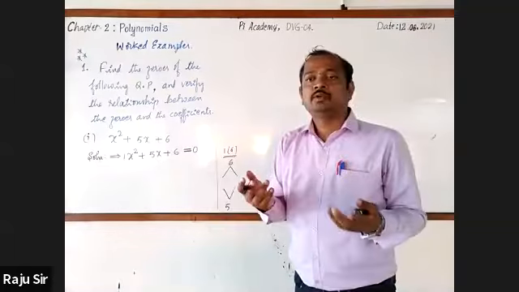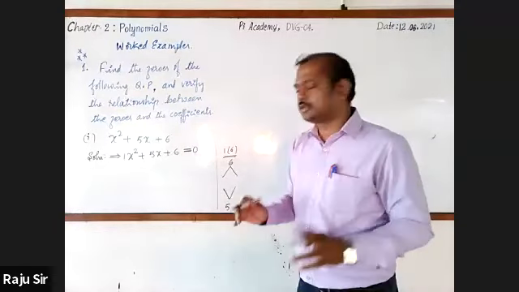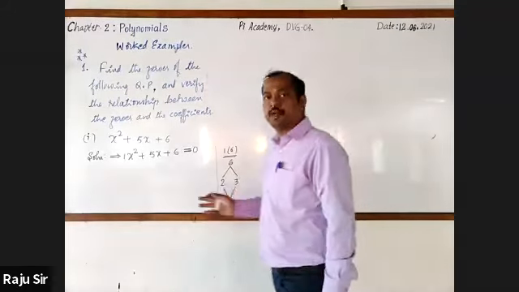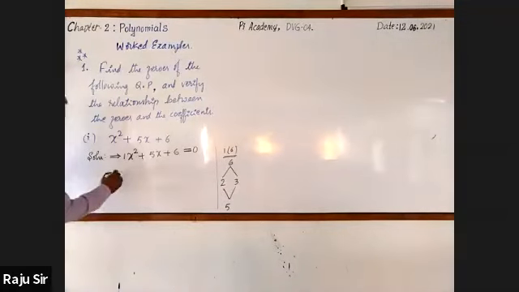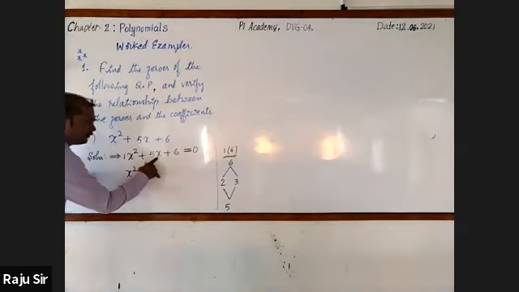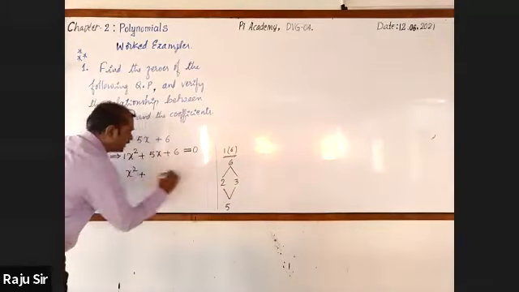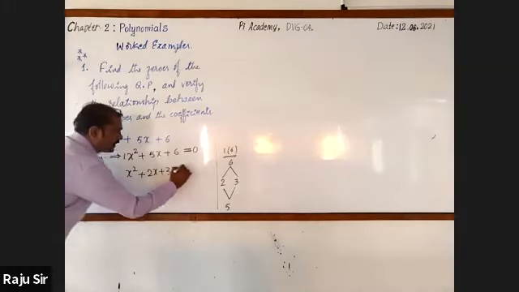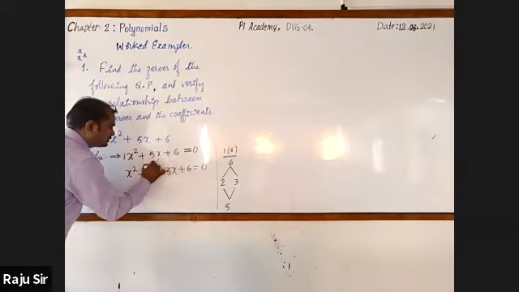The factors are 3 and 2: 2 threes are 6 and 2 plus 3 is 5. Right. x square plus 5x is written as x square plus 2x plus 3x plus 6 equal to 0.